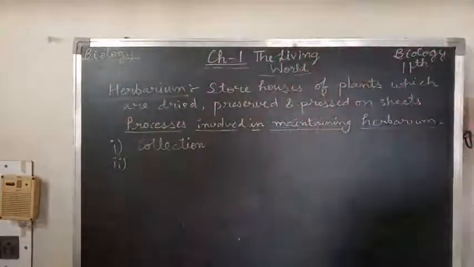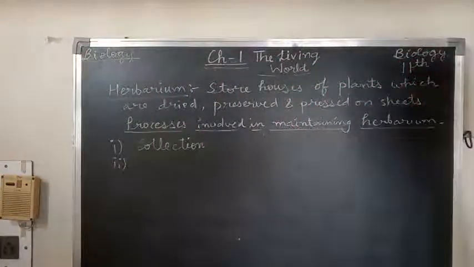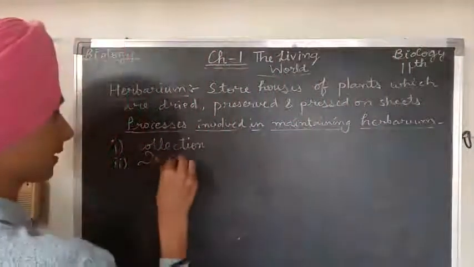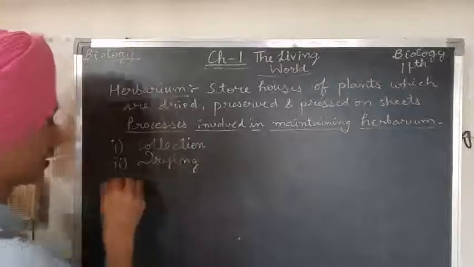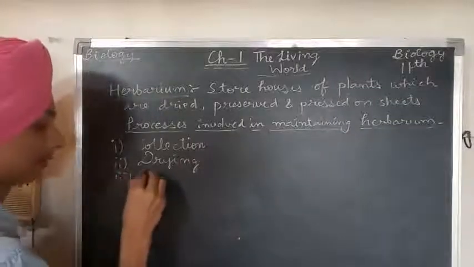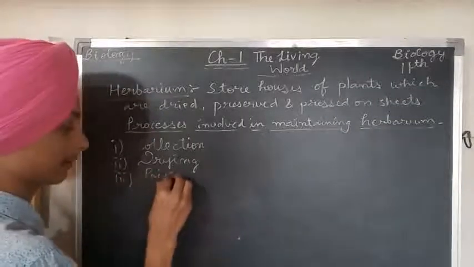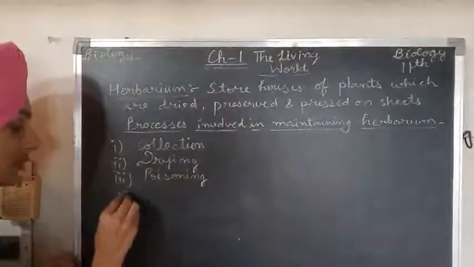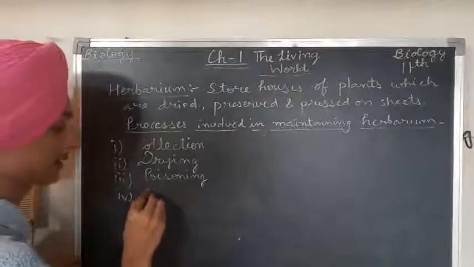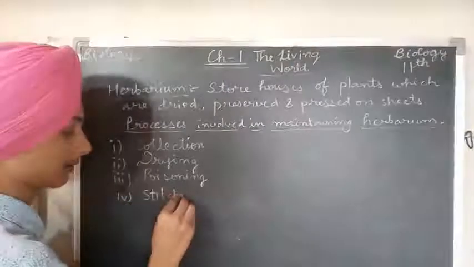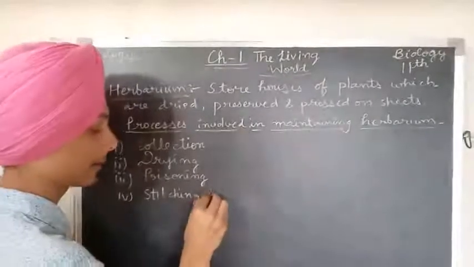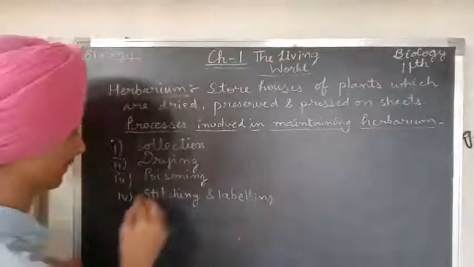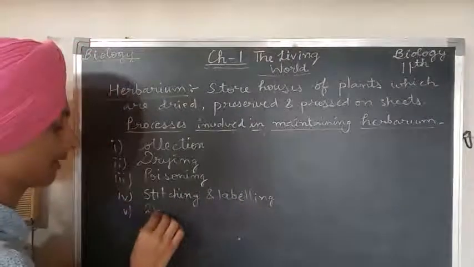Second is drying. Third is poisoning. The next one is stitching and labeling, and the last one is deposited on herbarium sheets.